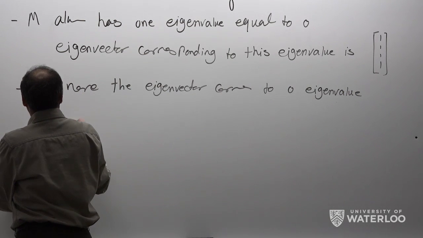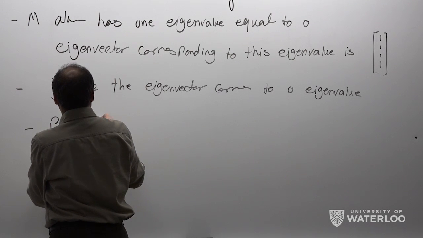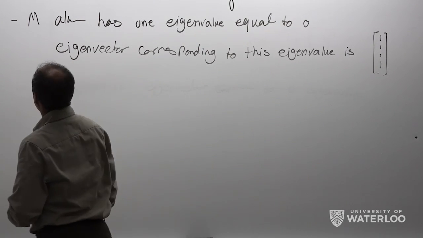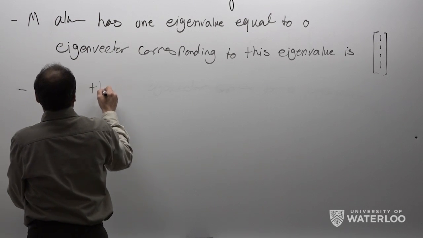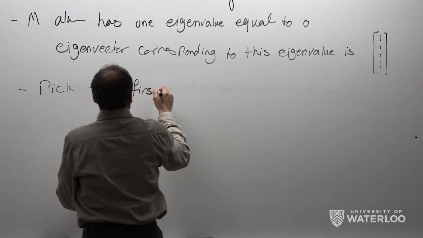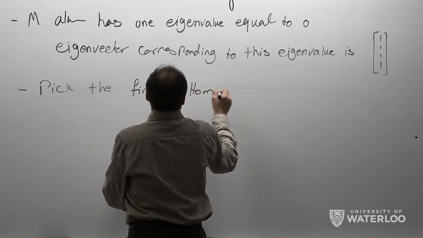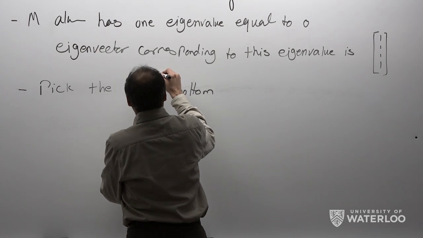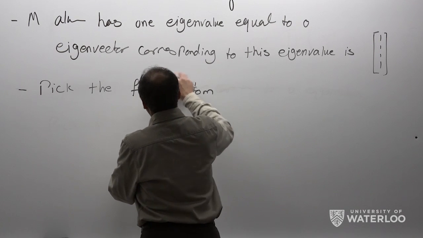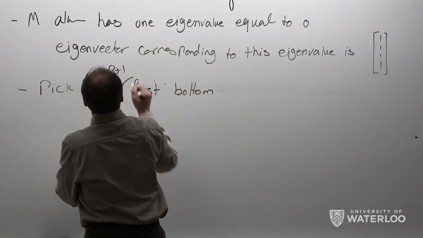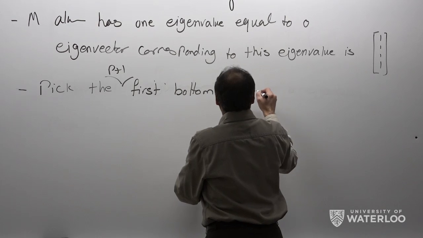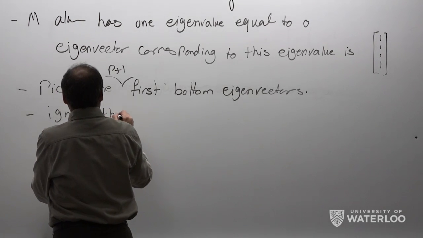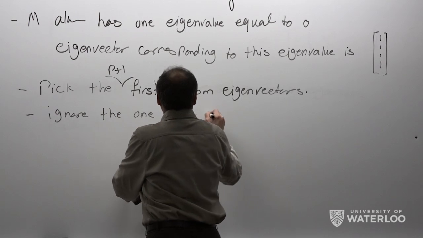Then pick, let me write it this way, the first p plus 1 bottom eigenvectors, and then ignore the first one.